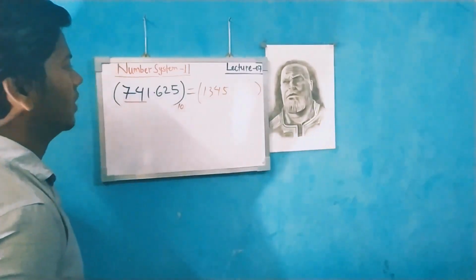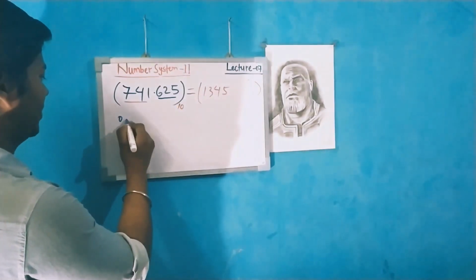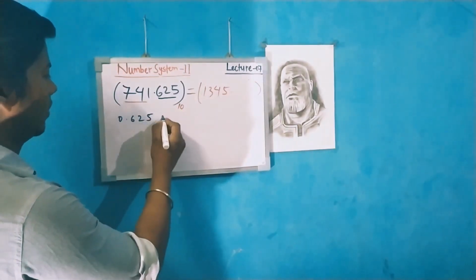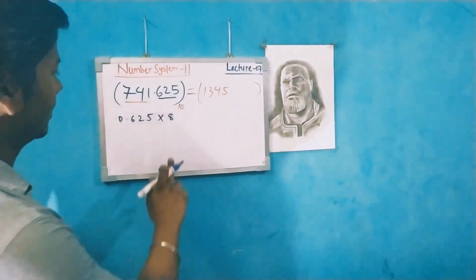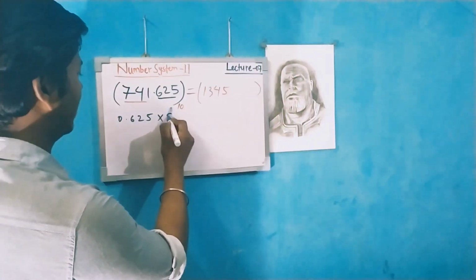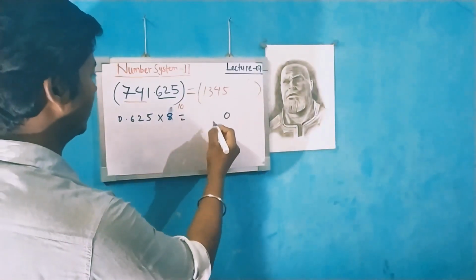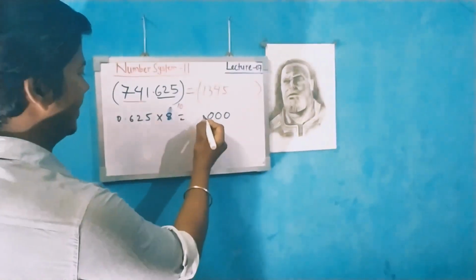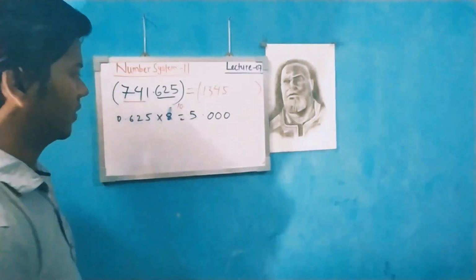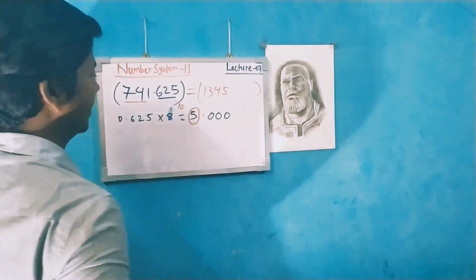Now for this fractional part 0.625, we multiply it by 8. After multiplication it gives you 5 as the carry, so we only consider this carry.